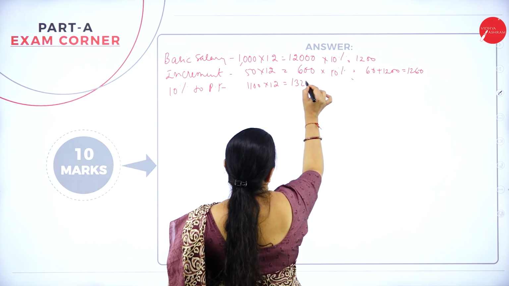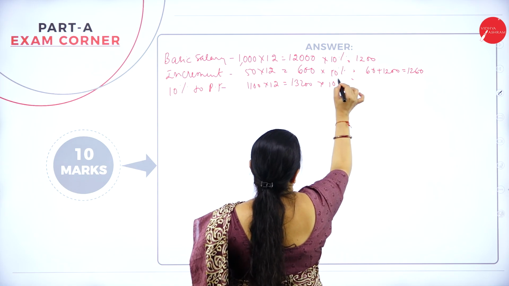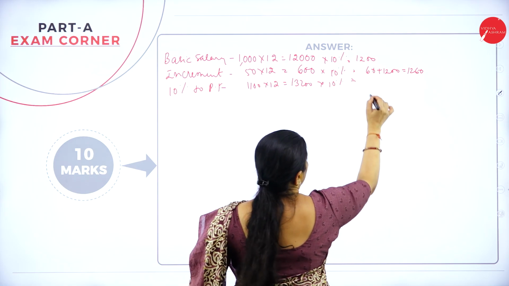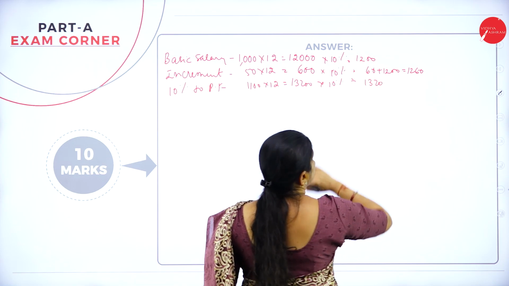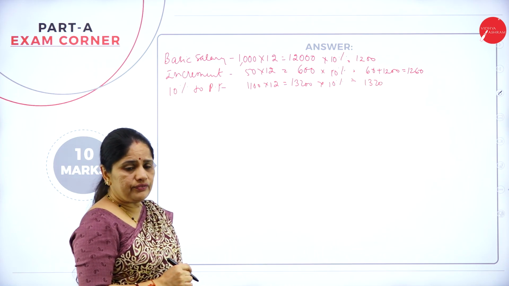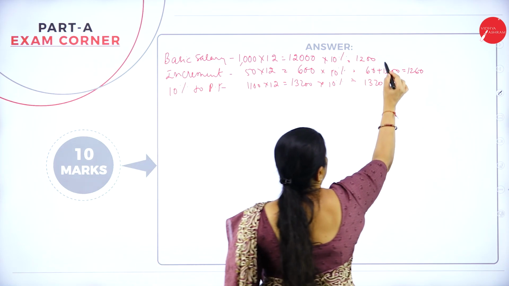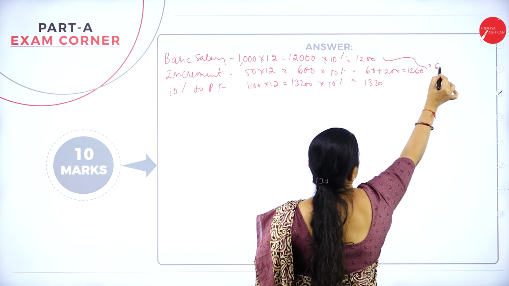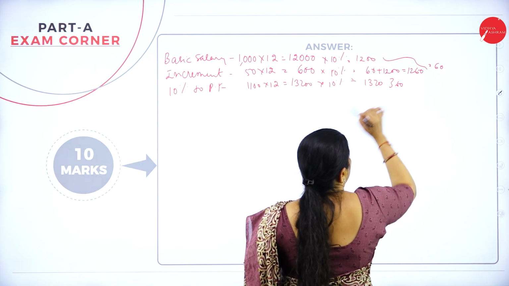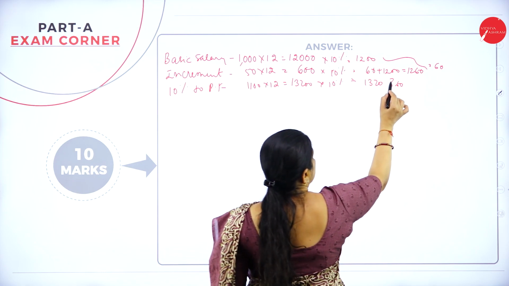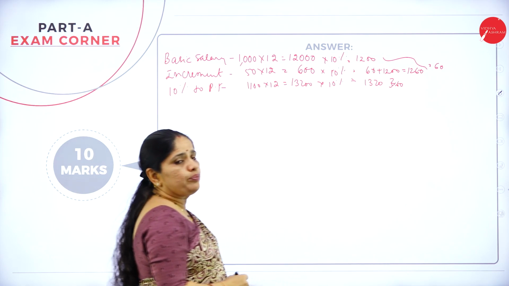So 13,200 into 10% is 1,320. Now if you notice the difference in values, in the first and the second year there is a difference of 60, and second and third year also there is a difference of 60 rupees.